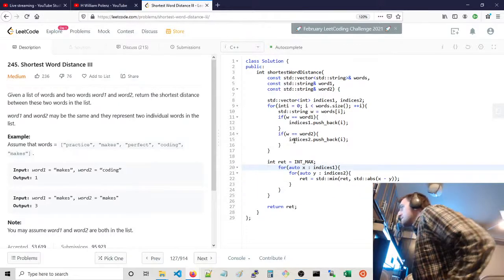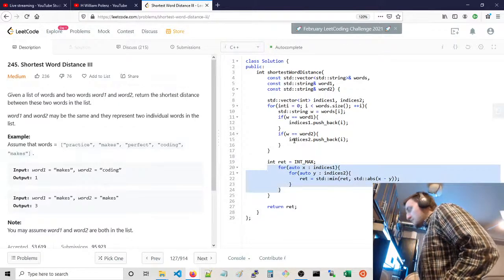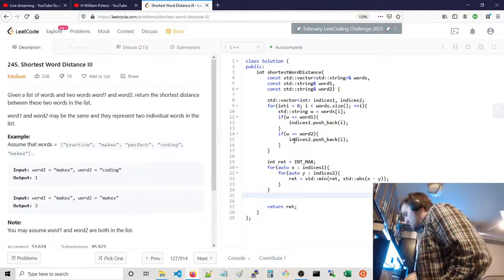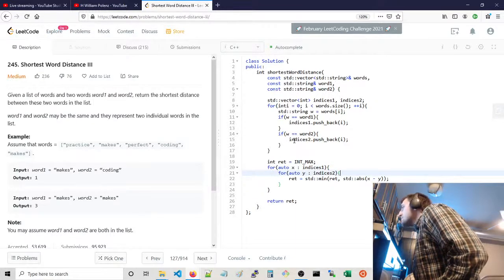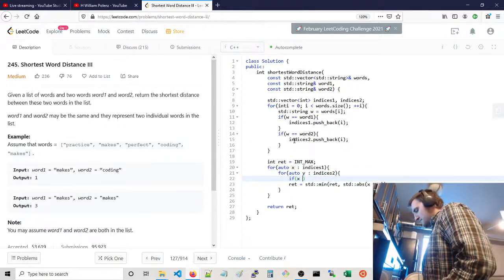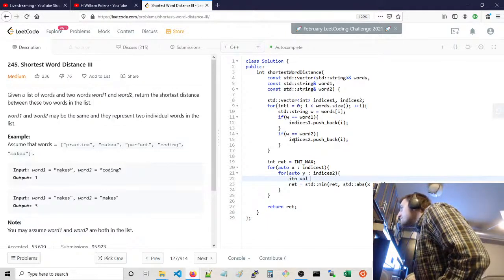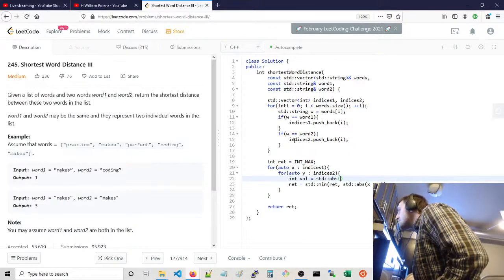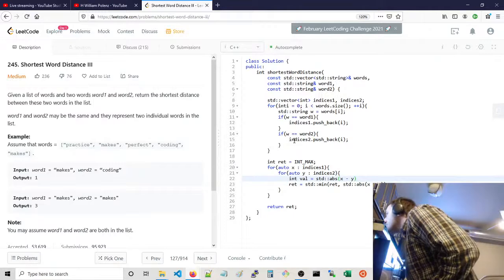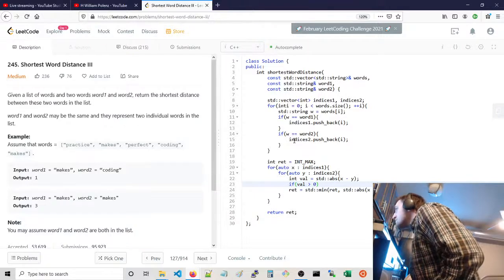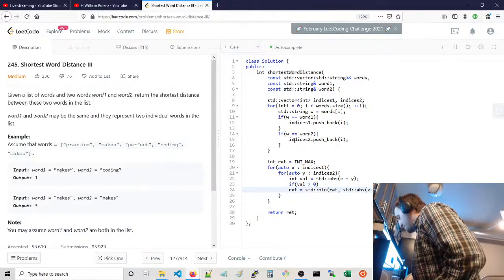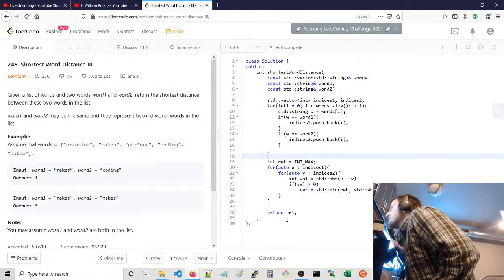You can handle the edge case directly. Yeah, you can just do it this way. That should work too.